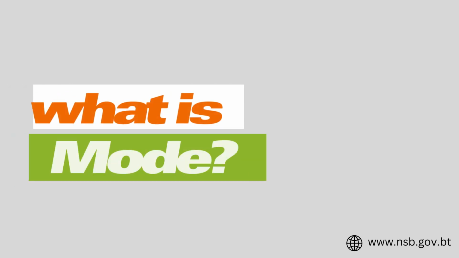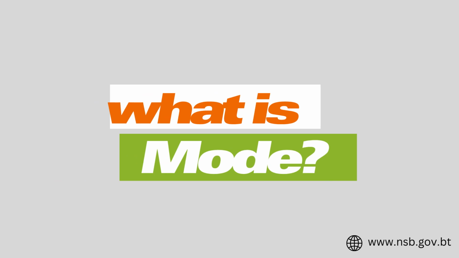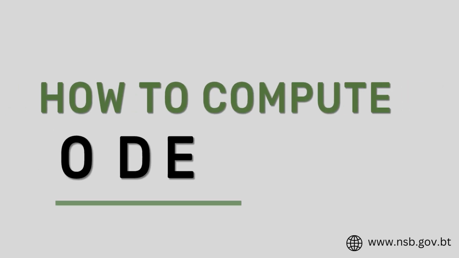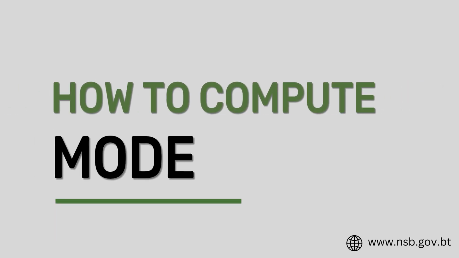Now, let's move on to mode. What is mode? The mode is the most commonly occurring value in a dataset. How do we compute mode? Let us consider the monthly house rent dataset. The steps to compute mode are as follows.